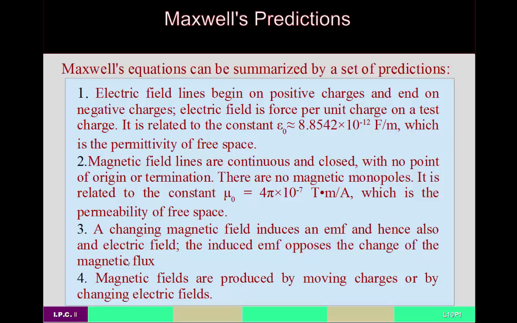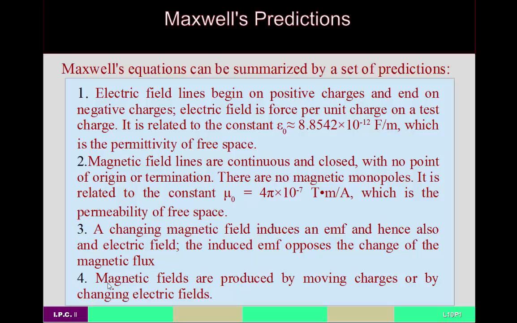And then the changing of a magnetic field in time will induce an EMF, and therefore a changing magnetic field can produce an electric field. And a changing electric field can produce a magnetic field, which is Ampere's law, Maxwell's modification to Ampere's law.